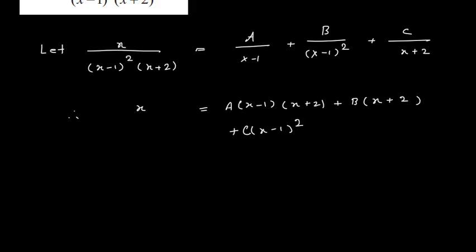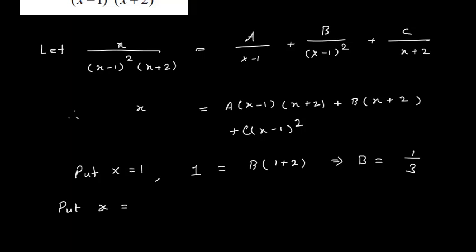So let us consider what we get when we put x is equals to 1. It will give me left hand side as 1, and on the right hand side the a part will become 0. With b it is 1 plus 2 and the c part will also become 0. So this will give me the value of b as 1 divided by 3. Okay, in the same way, next I can put x is equals to minus 2.